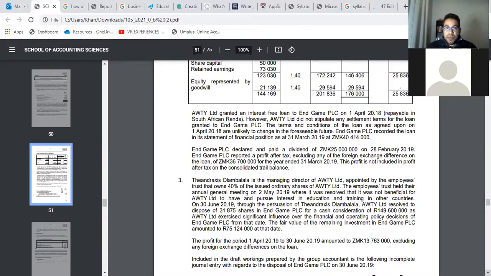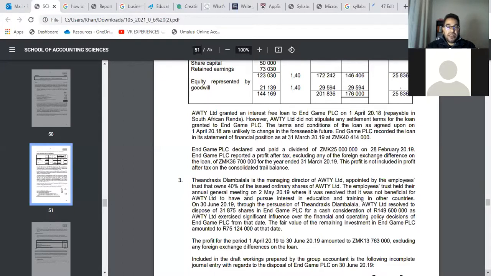So the first aspect relating to the loan is to put yourself in the shoes of the accountant of In-game. Being the accountant of In-game, you have a foreign loan from a South African company that is denominated in ZAR.